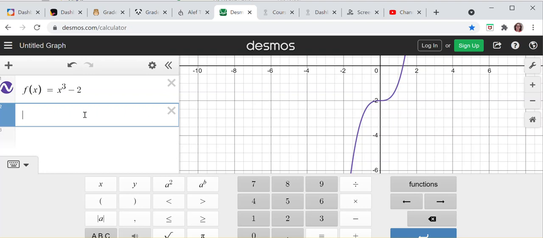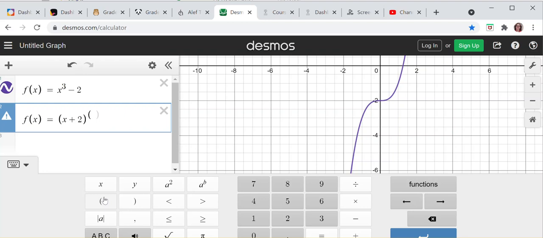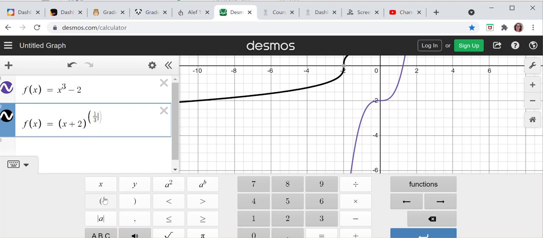So we've got our f of x is equal to the cubed root. When we're writing the cubed root, we need to put that in Desmos as a fractional indice. So this is going to be x plus 2 raised, and if we put this in brackets, we'll have a third. So the power of a third is going to be the cubed root.